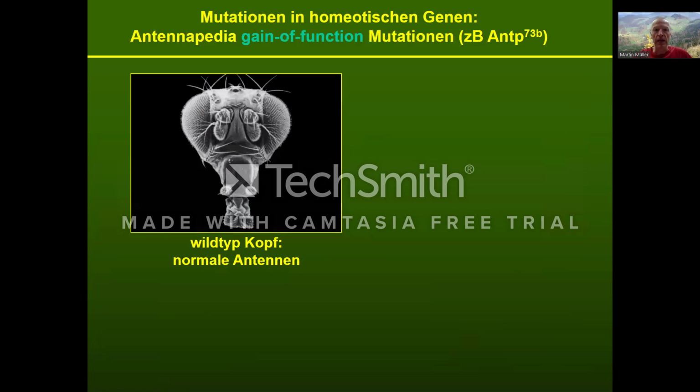Okay, then Antennapedia. Also here you might have heard about it. This is the depiction of a Drosophila head. Here are the antennae. This is the arista here, and this is also part of the antenna. Here the fly eyes, here is the mouth of the fly, and now normally Antennapedia is not expressed in the antennal imaginal disc.